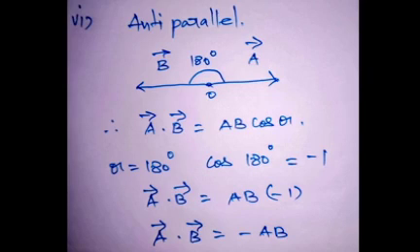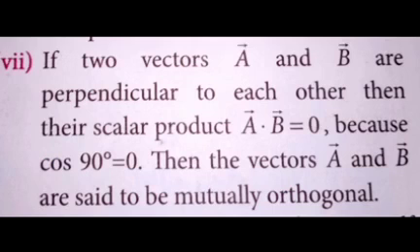Now we know the general formula, A vector dot B vector equals AB cos theta. Now substitute theta equals 180 degrees. Therefore cos 180 value is -1, and substituting in the formula, we get A vector dot B vector equals AB times -1, or otherwise we can say A vector dot B vector equals minus AB.